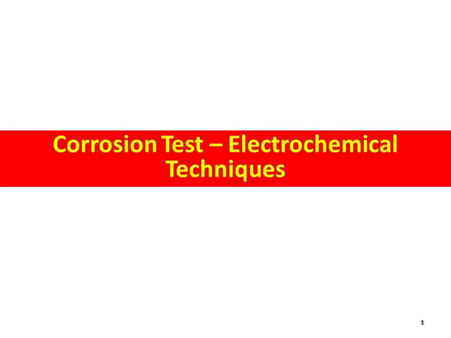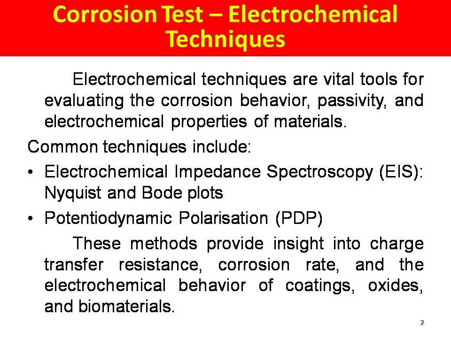In order to monitor corrosion, electrochemical techniques can be used, because they are vital tools for evaluating the corrosion behavior of a metal, passivity and electrochemical properties of materials.